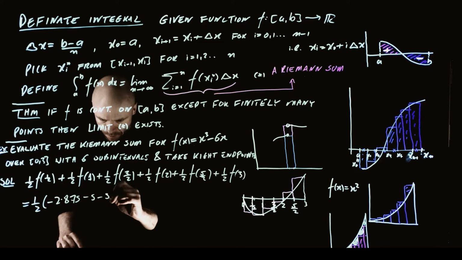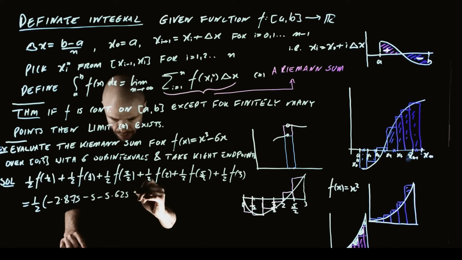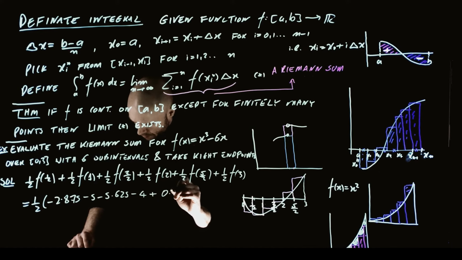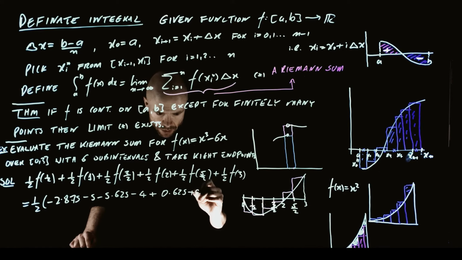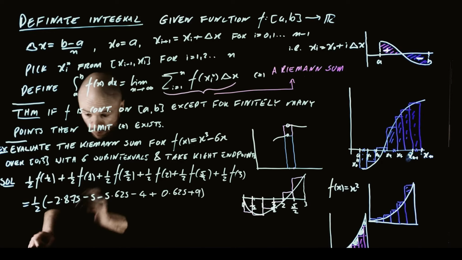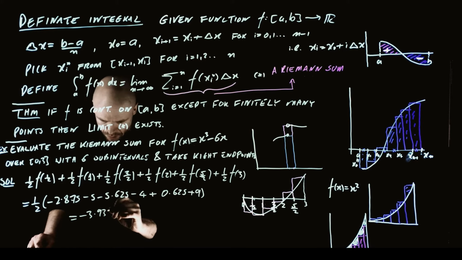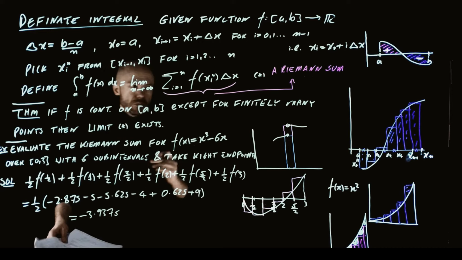The next thing is minus 5.625. The next thing is minus 4. The next thing is plus 0.625. And the next thing is plus 9. If we add up all these numbers, we get minus 3.9375. Cool.